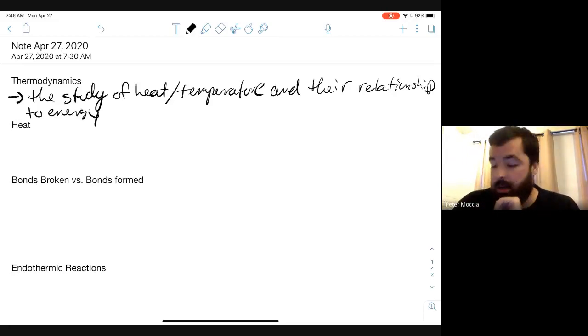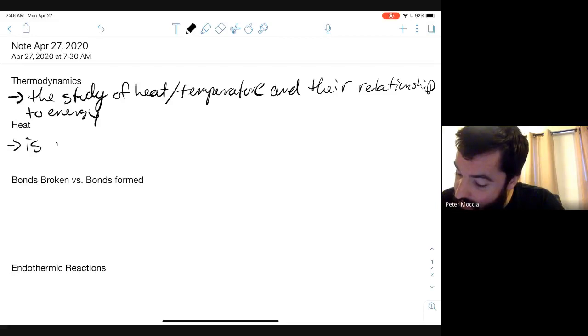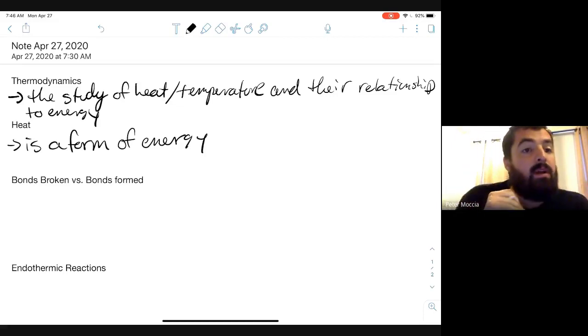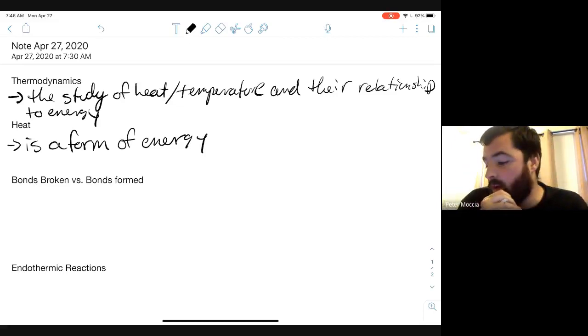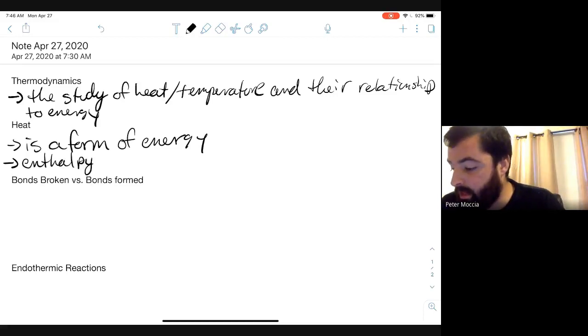Okay. Heat, you need to know this is super, super important, that heat is a form of energy. Whether you want to call it heat or thermal energy, another term you're going to see is enthalpy, and that is the quantity of heat.